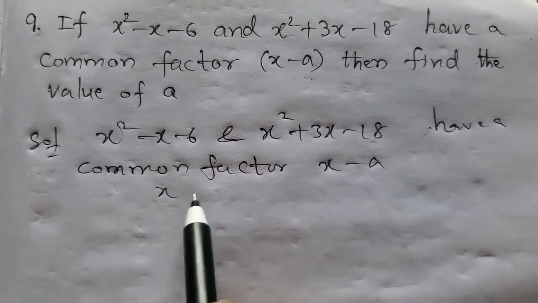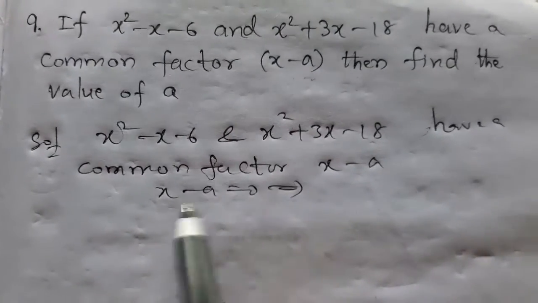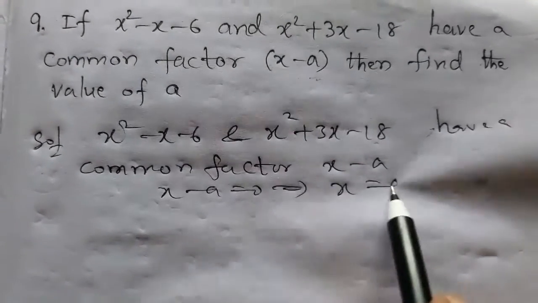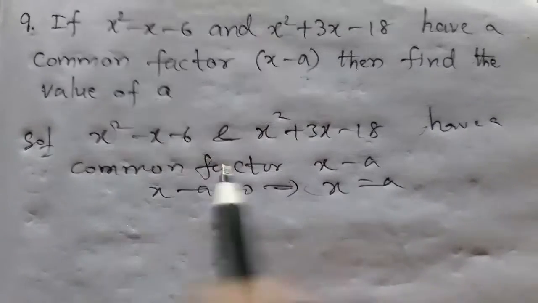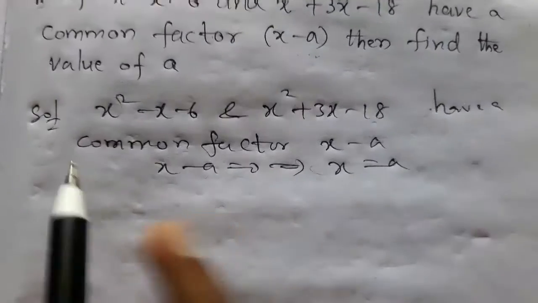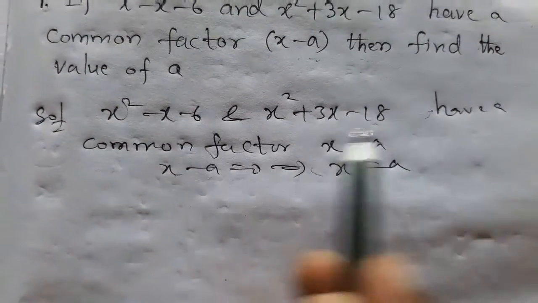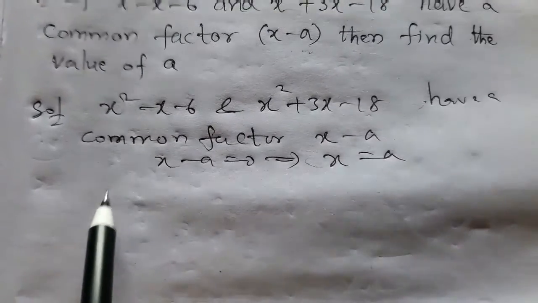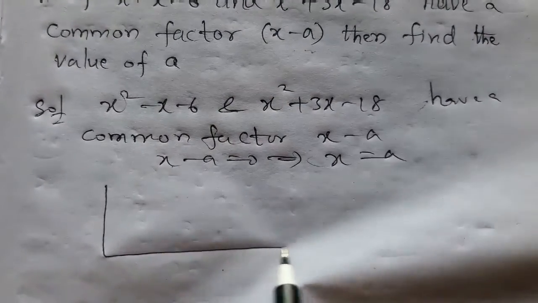Equating x minus a equals to 0, now send this a that side, then x is equals to a. By using this x is equals to a, by using synthetic division, find these two polynomials' values.